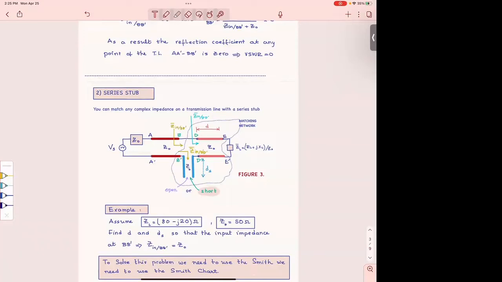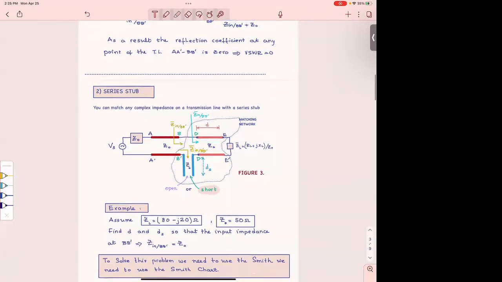So let me see here. If this were to be the reflection coefficient, I will call it right here gamma at BB prime. And that will be, excuse me, let me write them not in a normalized form.